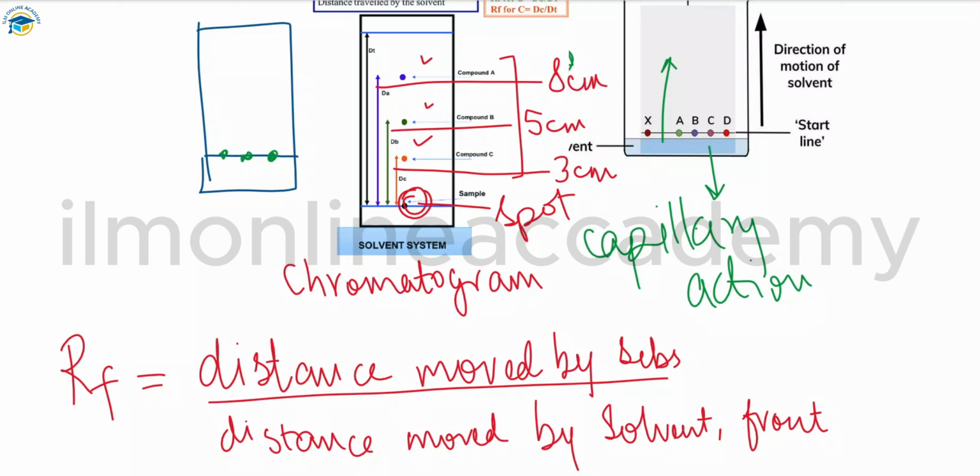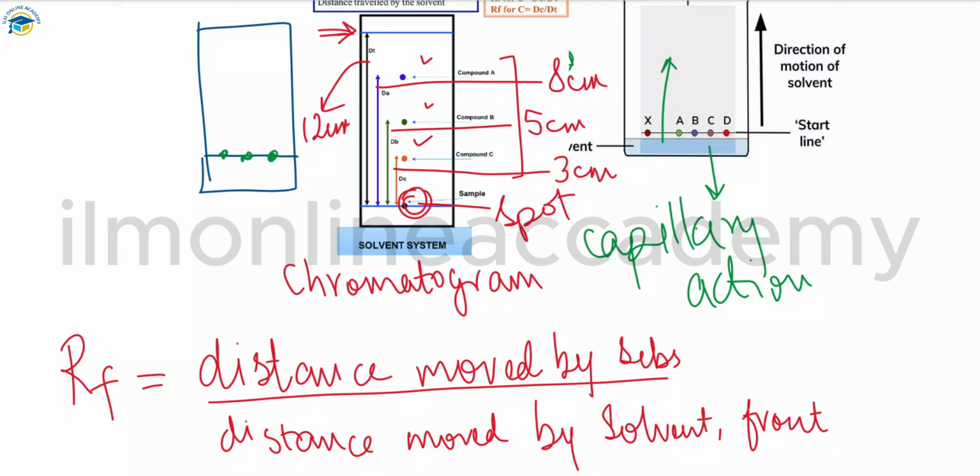So this is the distance covered by the different spots. Next you have to find the distance of the solvent front. This is the line that shows how far the liquid has moved up the chromatogram, and suppose this distance is 12 centimeter.